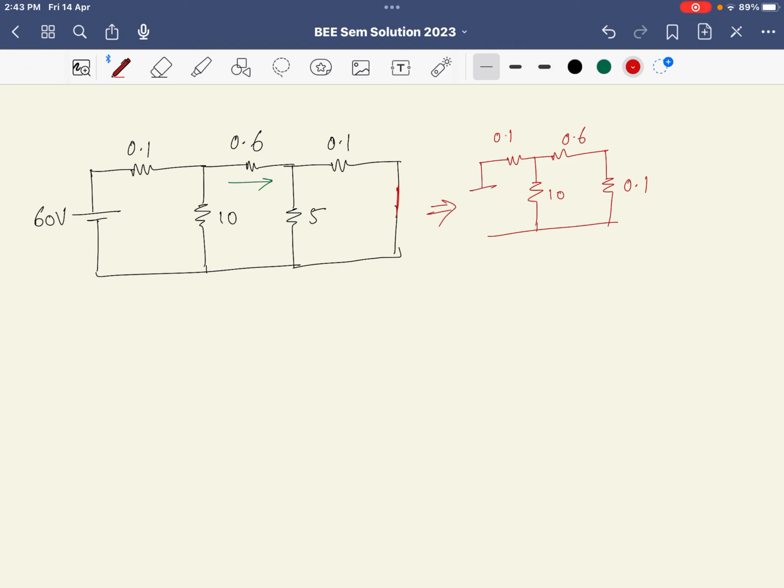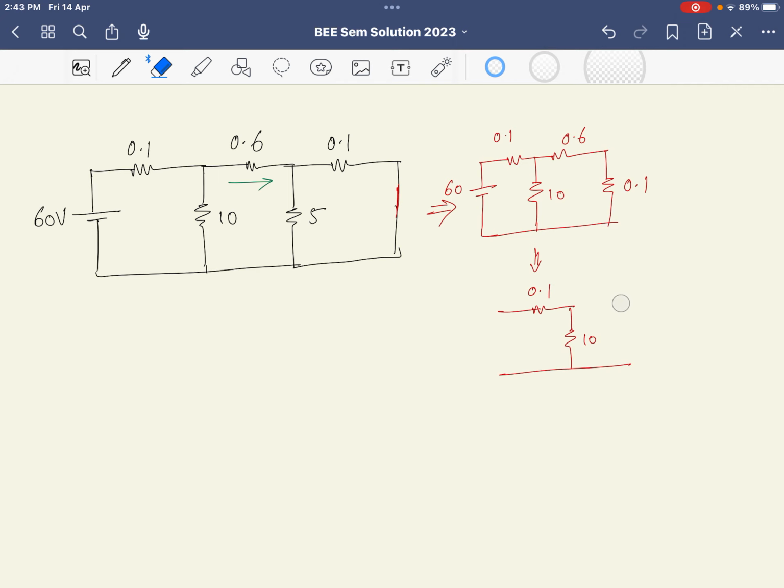So now the equivalent circuit has been converted like this, 60. Now if I redraw the equivalent circuit, this will be 0.1, and here we have 10 ohm and these two are in parallel. So we will get here again 10 ohm, and this side will have 0.7.